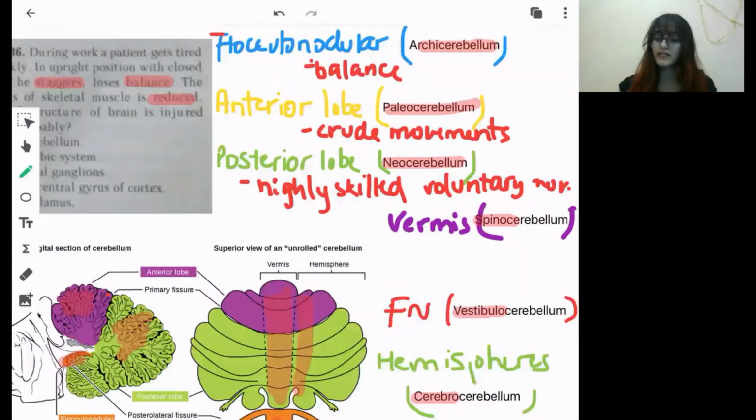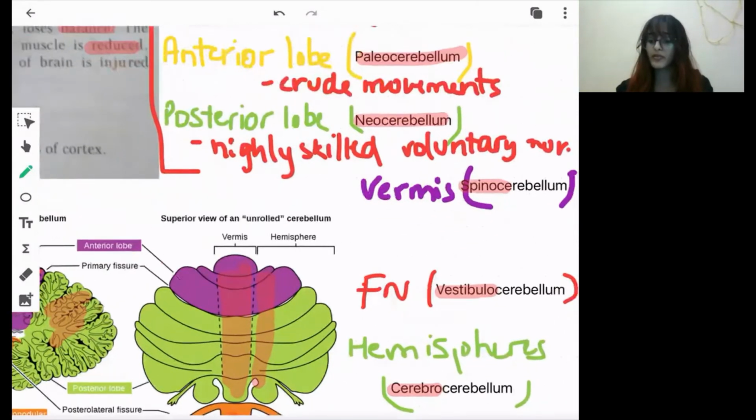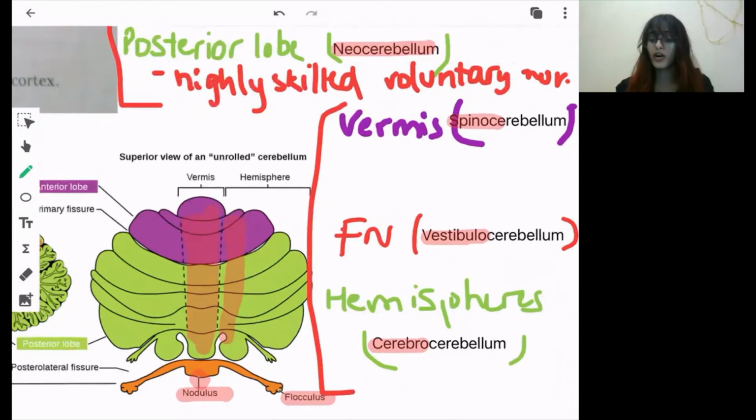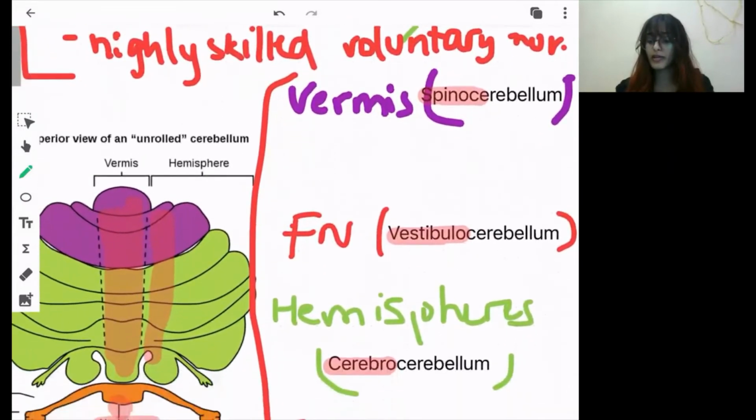But this classification is not very useful these days. Mostly these days the questions are asked from this classification of the parts of cerebellum. So the vermis, flocculonodular lobe again is for maintaining the balance of the body.